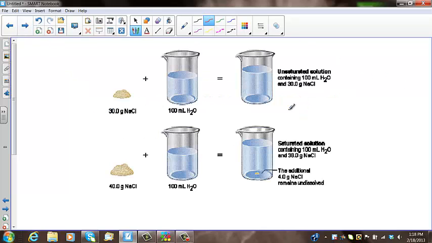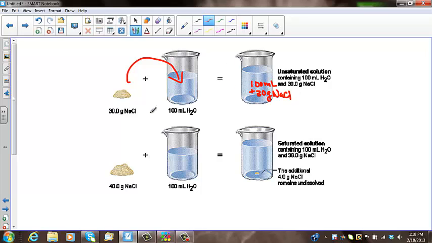So here's an example of the two solutions that we just talked about. The top solution is an unsaturated solution. I have 100 mL of water in the beaker on the right, and I'm going to add 30 grams of NaCl. So this gets dumped in here, plus I have the 30 grams of NaCl in here.